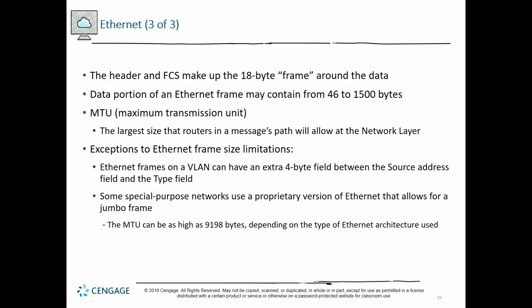The header and the trailer take up only 18 bytes. Now, when I say byte, that's different than bits, right? There are 8 bits in every byte. So we switched from talking about bits to bytes. Bytes are useful. Bits are just zeros and ones. And we end up with a number here called maximum transmission unit, or size.